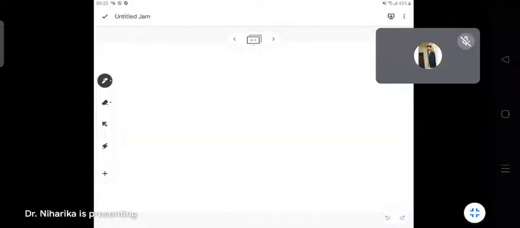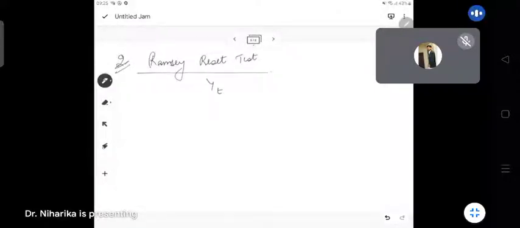Second test is Ramsey RESET test. So it was given by a person whose second name was Ramsey, and the model we are starting with is y t equals to beta 1 plus beta 2 x t plus mu t.